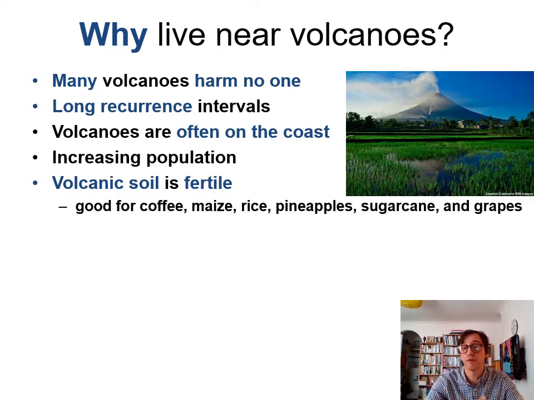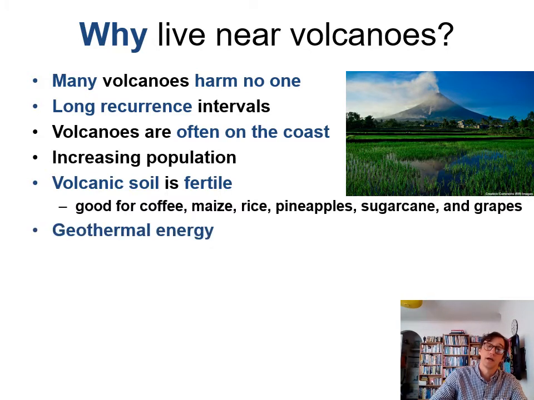So they're very good for crops like coffee, maize, rice, pineapples, sugarcane, and grapes in many places around the world, especially in Southeast Asia and Central America. So if you're a farmer and this volcano hasn't erupted in your lifetime, and you have a chance to have land on that fertile soil, you're going to grow crops there and live there.